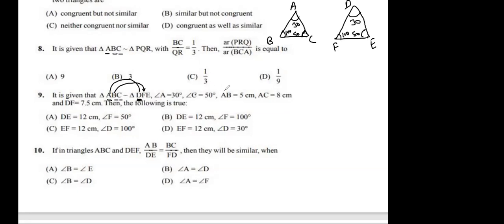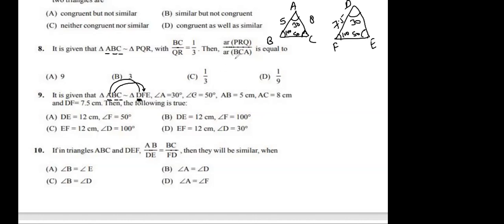It is being given in the question that AB is equal to 5, AC is equal to 8, and DF is equal to 7.5. Then it is asked which of the following statements is true.